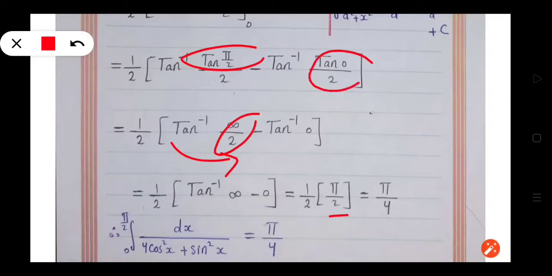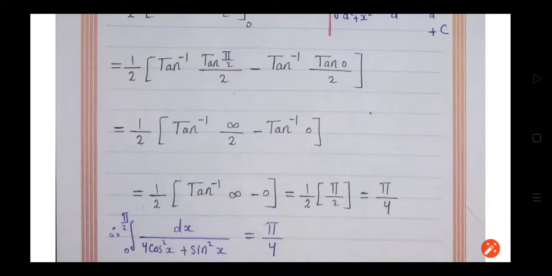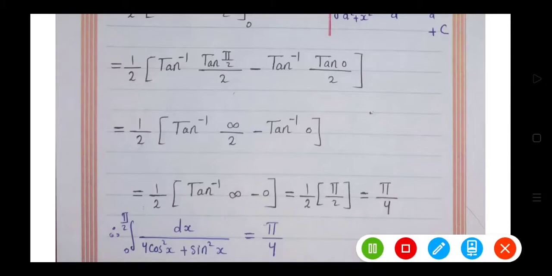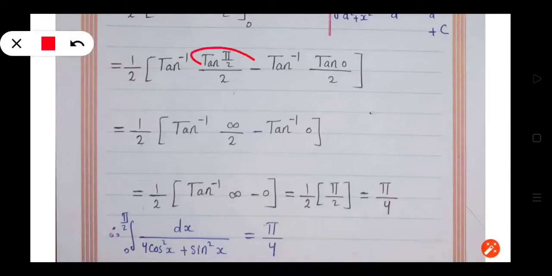Tan 0 equals 0, and tan inverse 0 equals also 0.